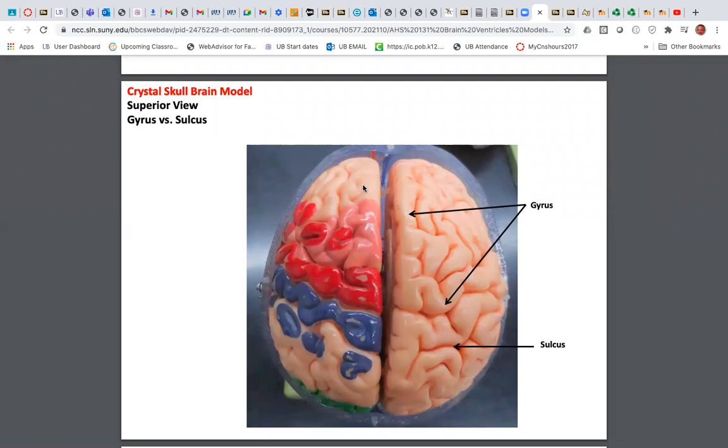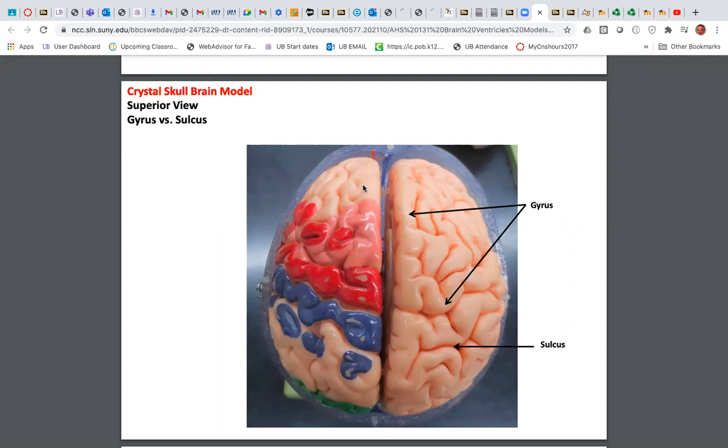In terms of percentages of what type of models and pictures you should expect to see, there's going to be the neuron. There's going to be the brain. There's going to be the spinal cord.